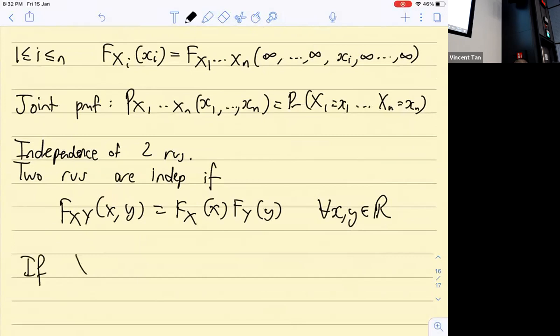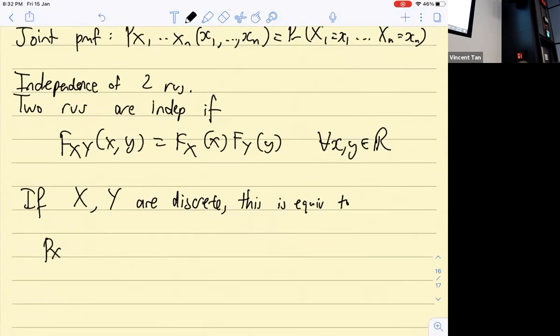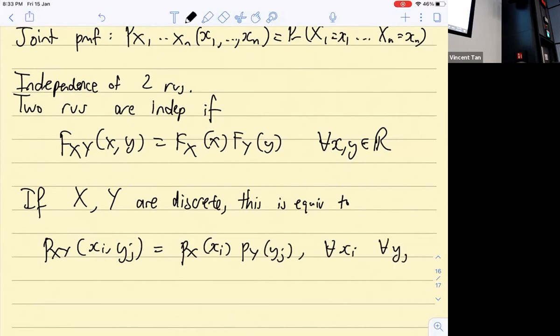And if X and Y are discrete, then this is equivalent to the probability mass functions P_{X,Y}(x_i, y_j) equal to P_X(x_i) P_Y(y_j) for all x_i and y_j. So x_i, y_j are the sample points of X and Y respectively. Okay, so this is all hopefully very natural to everybody.